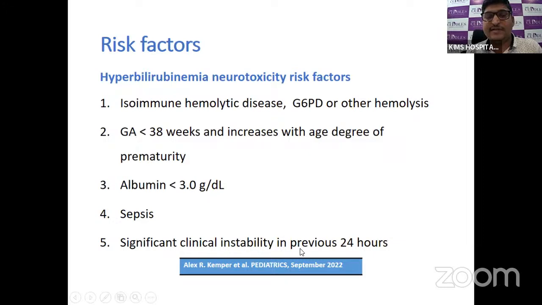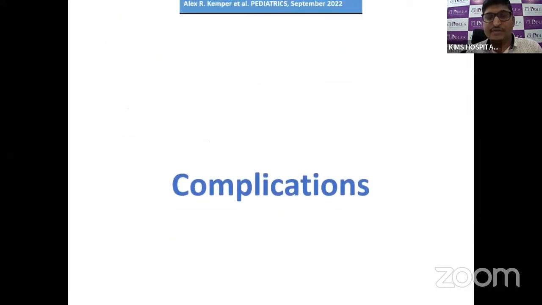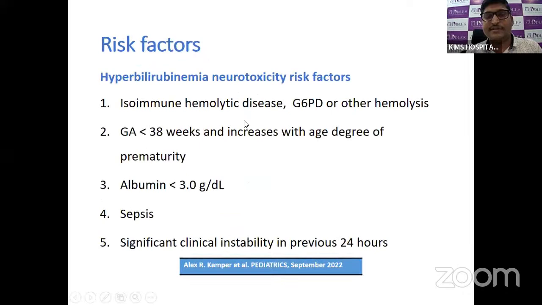Earlier, significant clinical instability in the previous 24 hours included temperature instability, hypothermia, acidosis, and birth asphyxia. In 2022 they remodified it to clinical significant instability in the previous 24 hours. So these are the risk factors for neurotoxicity, while the previous ones are the etiological factors or risk factors for hyperbilirubinemia.